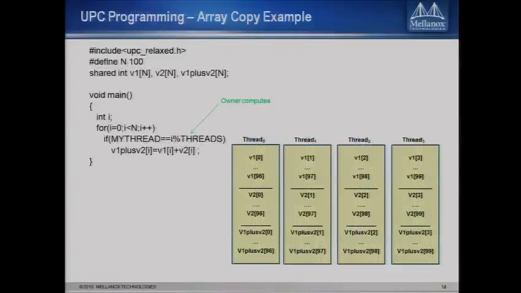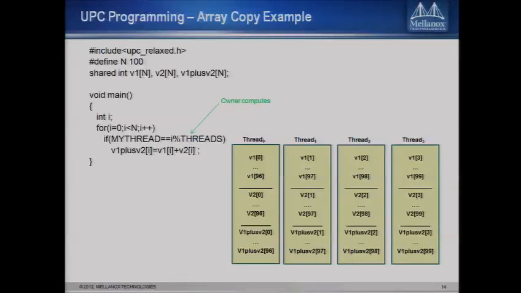Now here's a little bit more of an interesting example, and this shows you how you can get parallel scalability when you run a particular math operation using UPC. Here I have a 100-element array, and basically I have two of them, V1 and V2, and I want to add these. If I did this with a normal CPU on a single process, it would have to add every single element in that 100-element array.